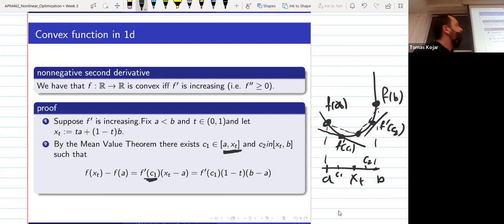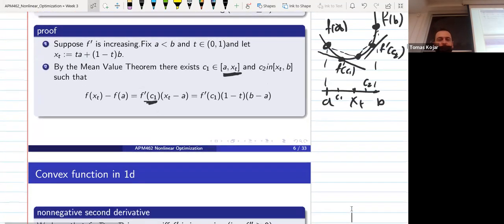I think it's okay, right? So the mean value theorem tells you that there's a line at C1 tangent to the graph that's parallel to the secant that connects these two points. Like this. All right, good.